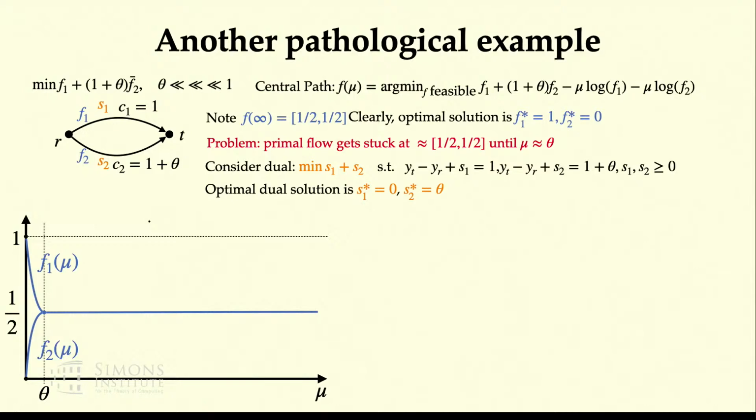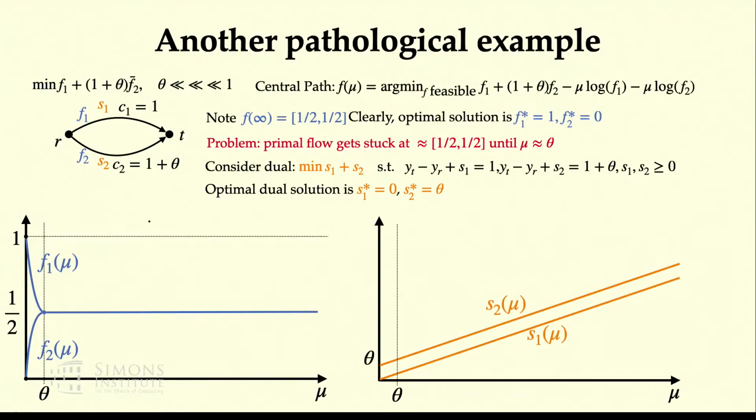And I would need to reduce the gap by a lot to finally get to the gap theta, where finally the interior point method would learn which arc is actually going to appear in the optimal solution. So here we will see that at some point, once my gap is theta, the first flow will go to 1 and the second flow will go to 0. So the question is, how can I accelerate my interior point method to go to this point theta efficiently?